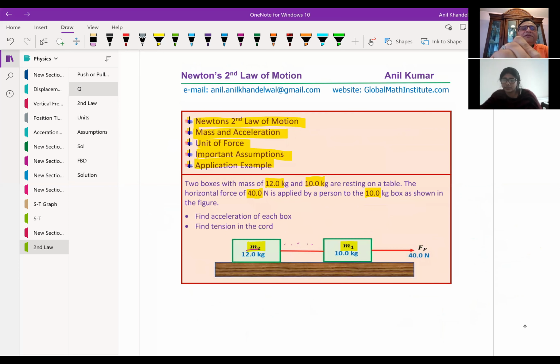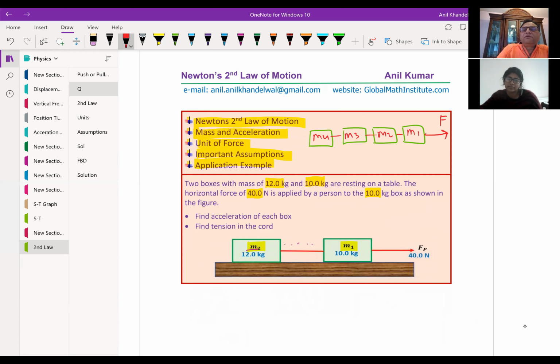So for example, let me change this question. Let's say we have mass 1, mass 2, mass 3, mass 4, and they're all connected. This is the force F. The masses could be different, it doesn't matter.